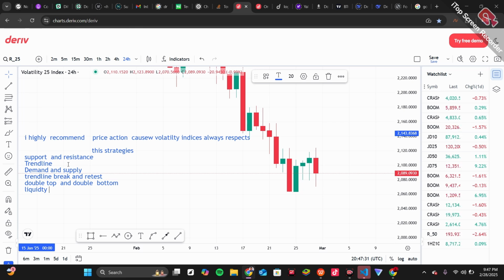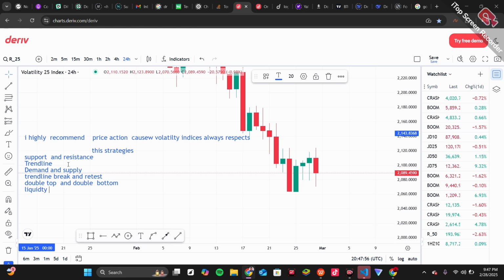All these charts, liquidity is still active on the charts. So liquidity is something that you don't escape from, because it's very vital, because markets are always looking for a way to take your money. So if you know about liquidity very well, then you are good to go.